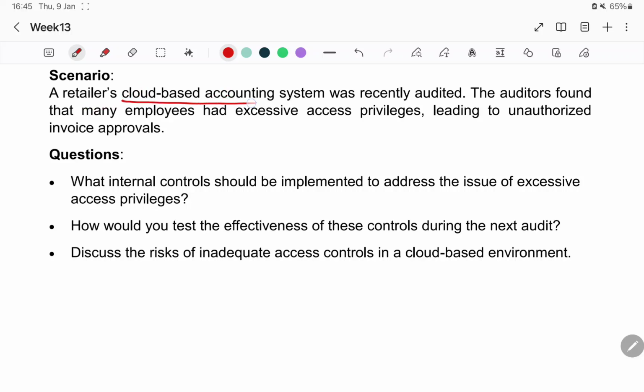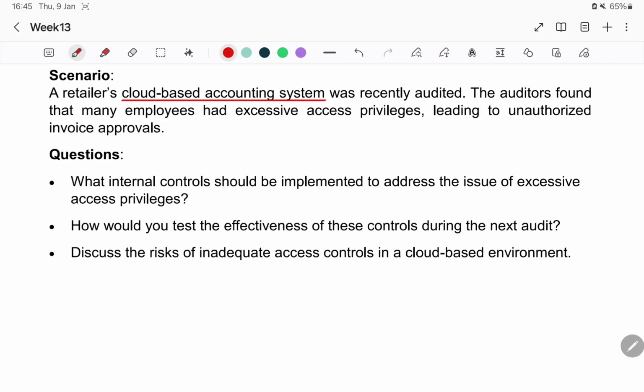a cloud-based accounting system is not just another type of system, it's a cloud-based system. You remember the cloud accounting system that we learned, the emerging technology. Don't worry, next week when AutoCount comes, they'll show you what a cloud ERP system looks like.